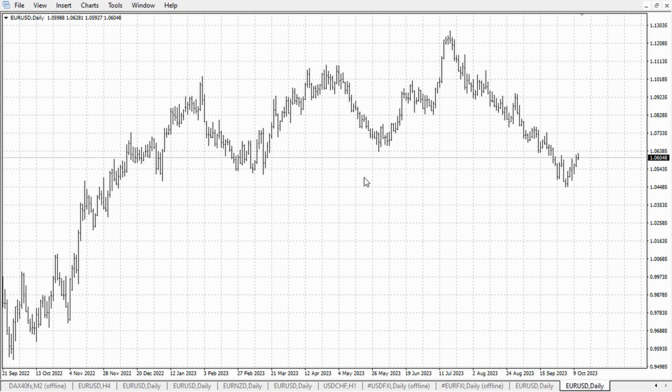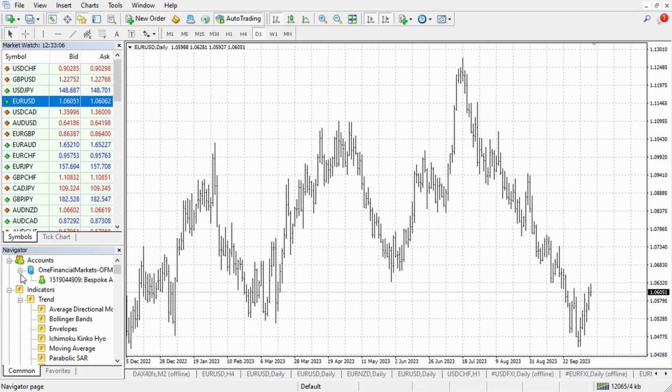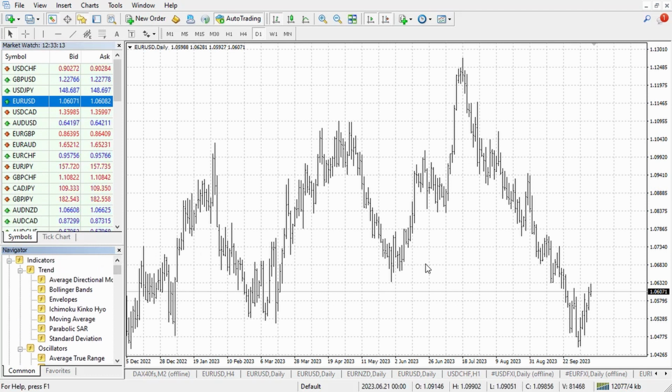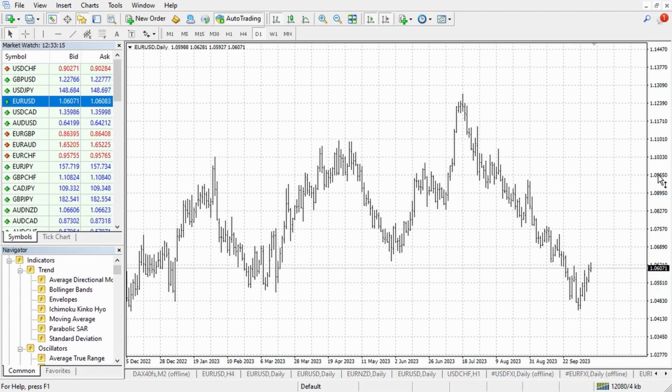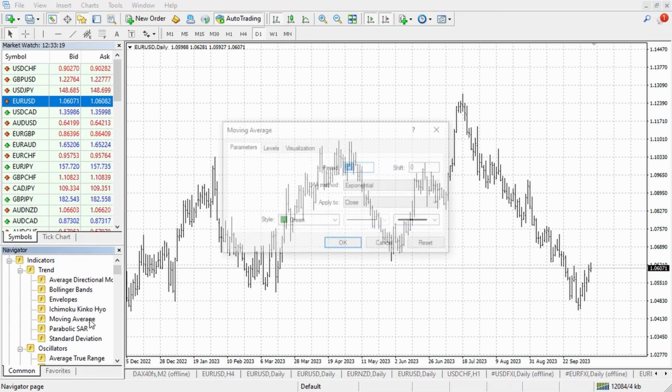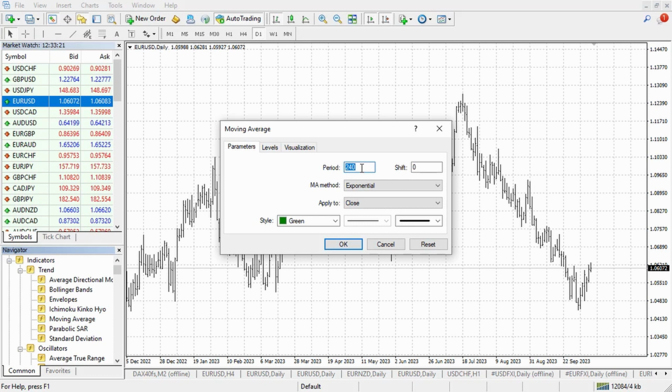So for example, I will press F11, let me remove this, and I will go here to trending indicators. So people back in the 80s, 90s would use, of course, the moving averages. If this is the daily, most likely they would be using, let's say, a 21.